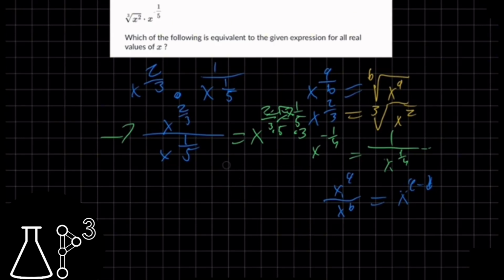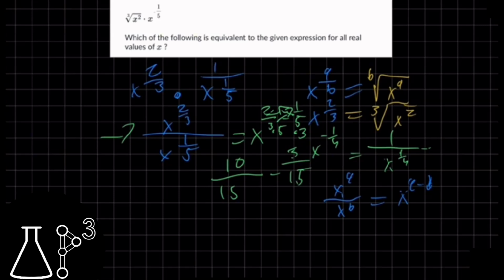When we multiply 5 with 2, we get 10, and when we multiply 3 by 5, we get 15. So then we minus 1 over 5. We multiply 3 with 1, we get 3, and if we multiply 3 with 5, we get 15.